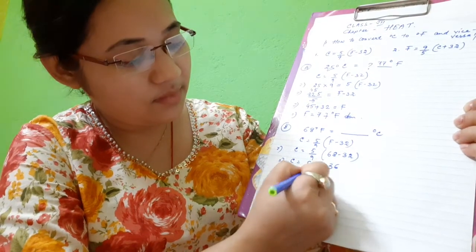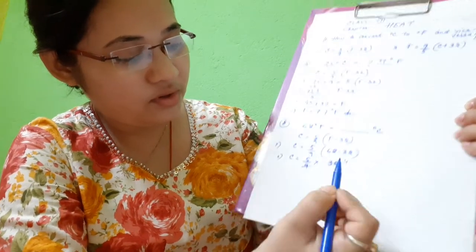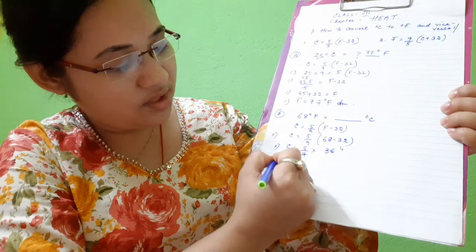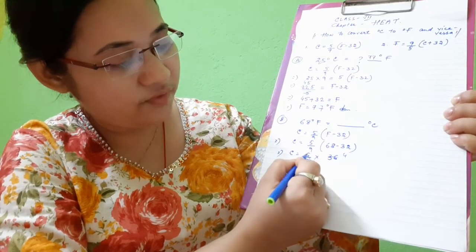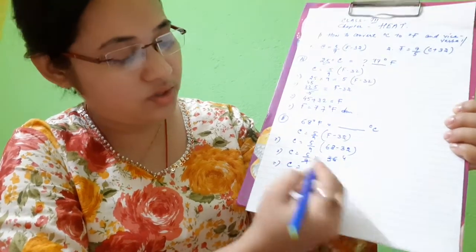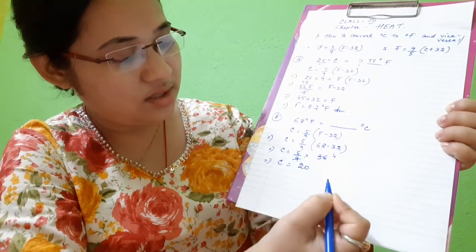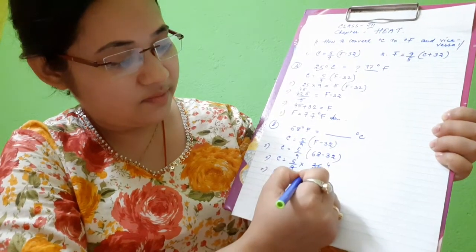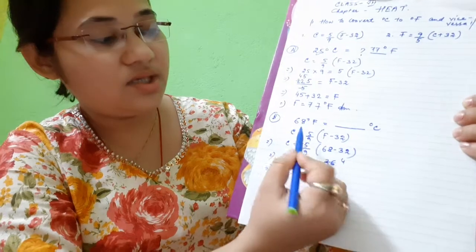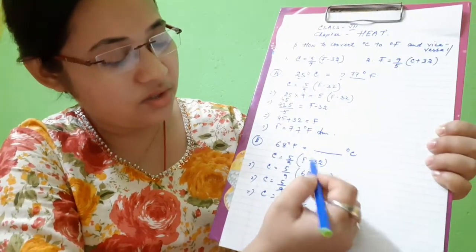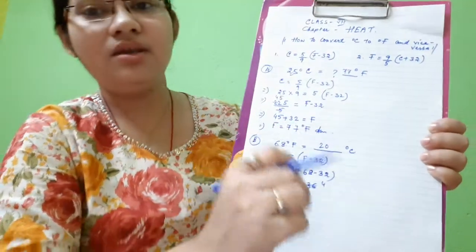Now we can easily divide it by 9, getting 4. So how much are we getting? C is equal to 5 into 4, that is 20. 20 degree Celsius. So 68 degree Fahrenheit is equal to 20 degree Celsius.